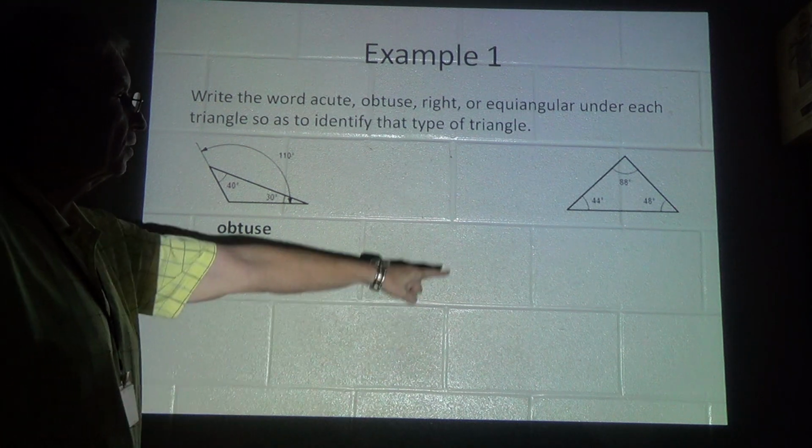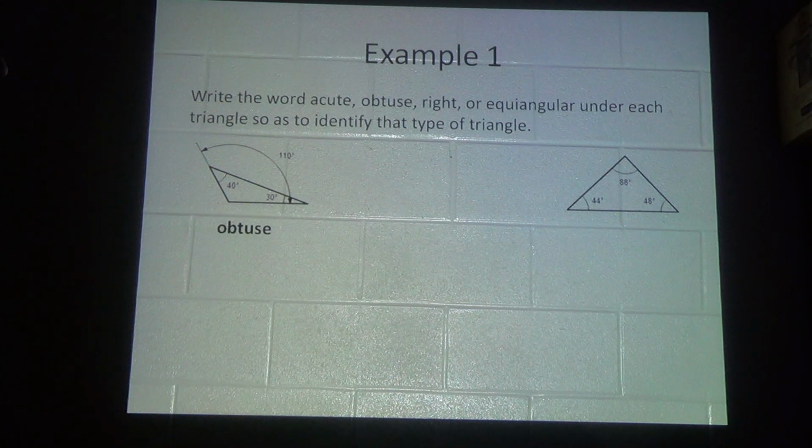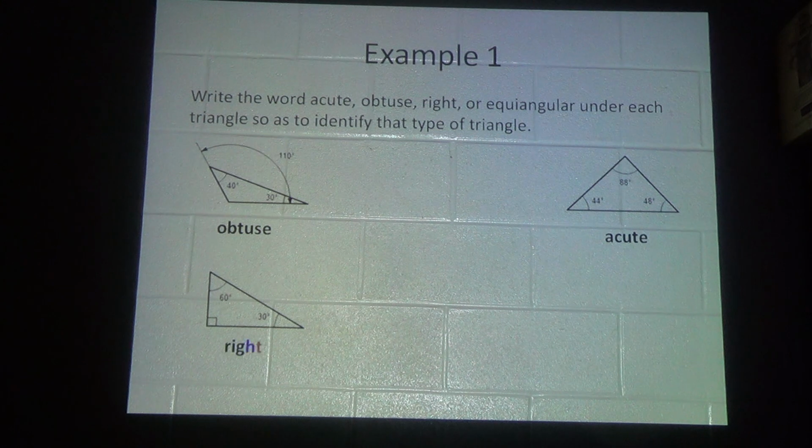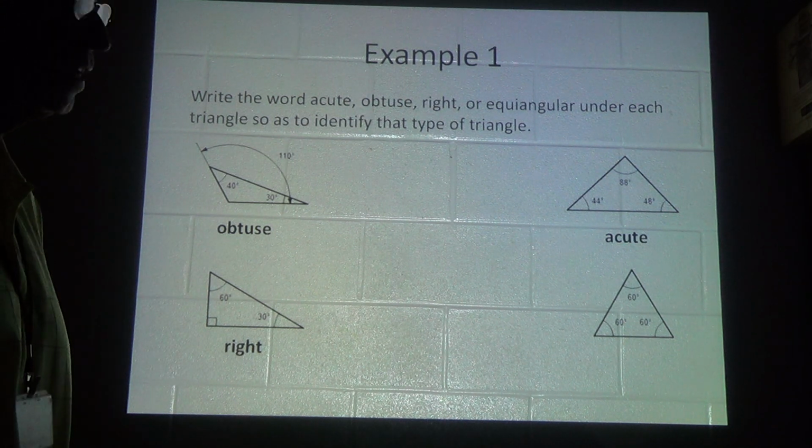Okay, this one over here, all 3 angles are less than 90 degrees, so that makes that an acute triangle. Okay, this one down here, 30, 60, 90, that means that this is a right triangle. And the last one over here, all 3 angles are 60, so that makes it an equiangular triangle.